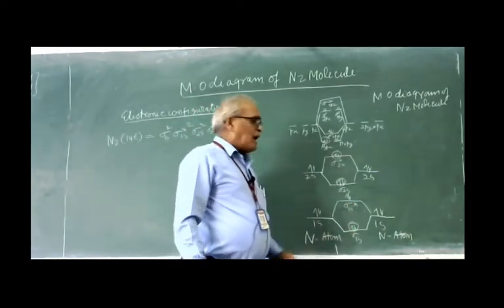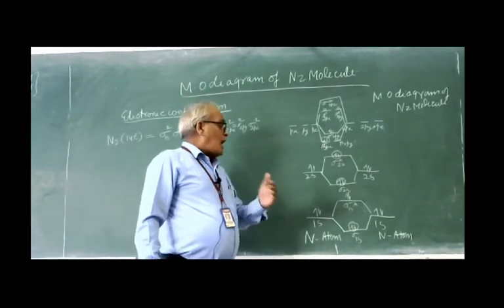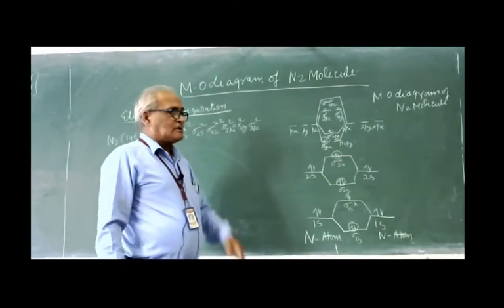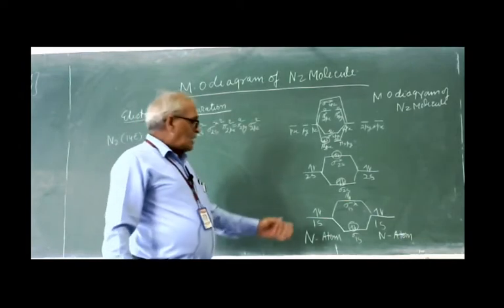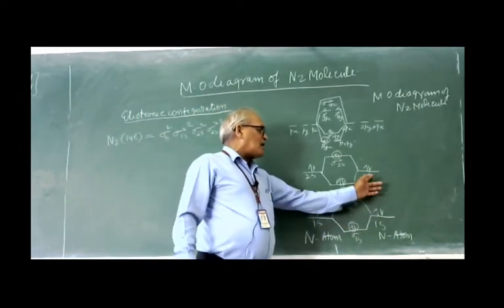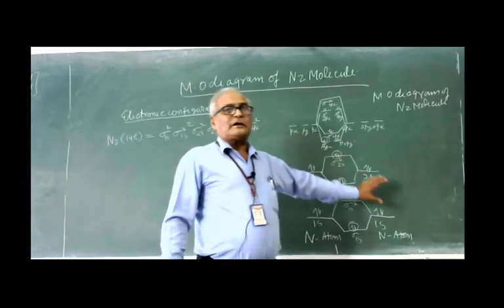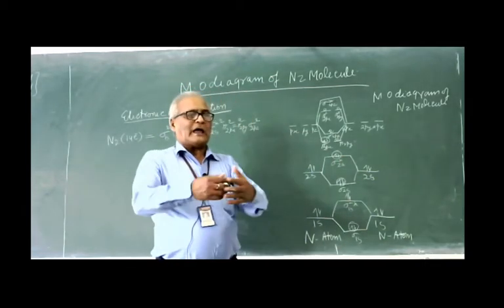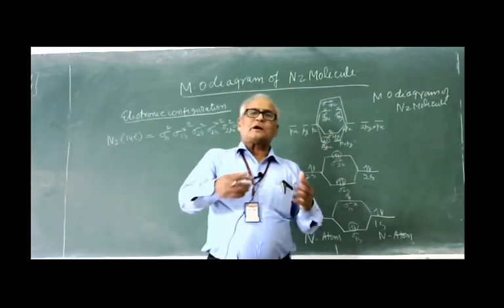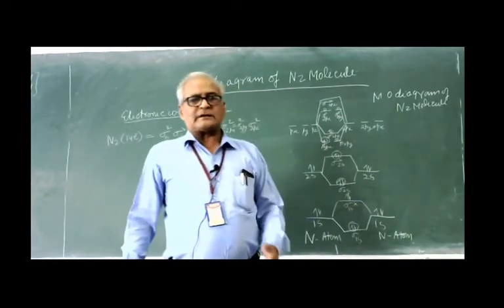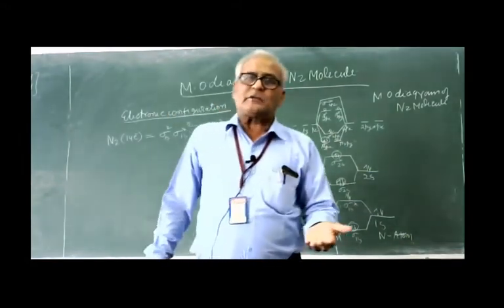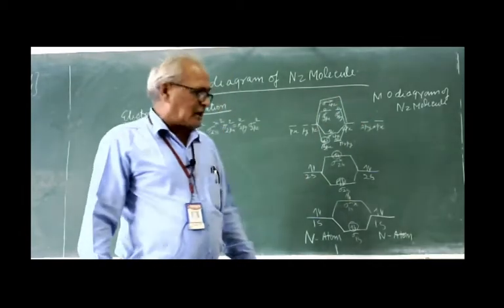Like this. Exactly the same in the case of the 2s atomic orbital of this atom and the 2s atomic orbital of this atom: both 2s atomic orbitals overlap to form molecular orbitals, a bonding molecular orbital and an anti-bonding molecular orbital.